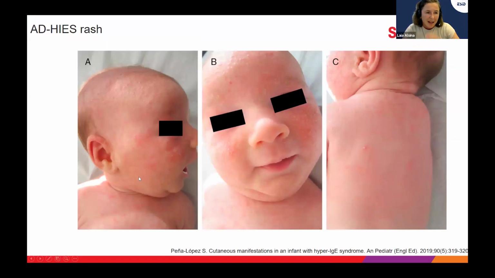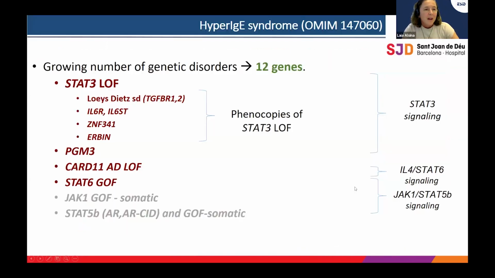And with this eczema that has been also very well shown by Raffaele, with this pustular dermatitis in the first month of life. But now there is a growing number of genetic disorders that are included in the hyper IgE spectrum disorders.